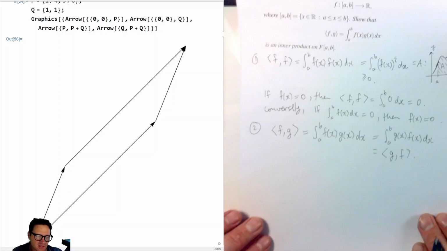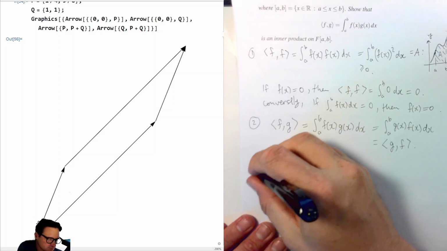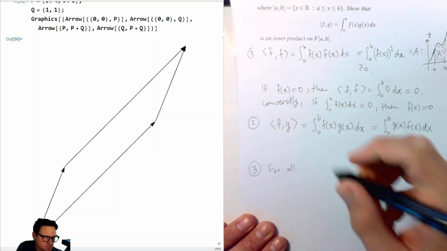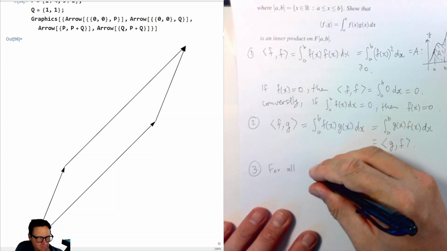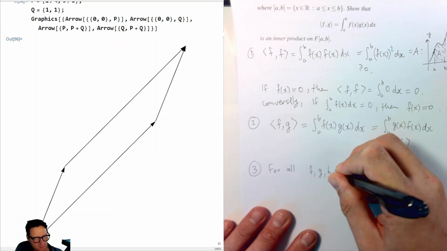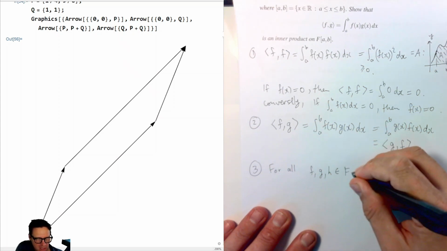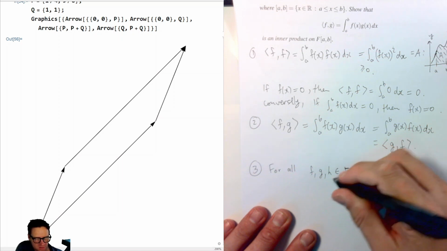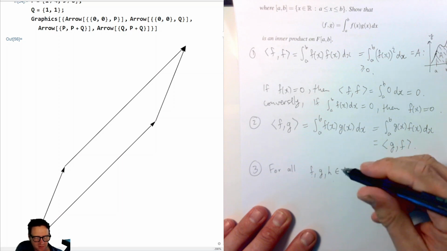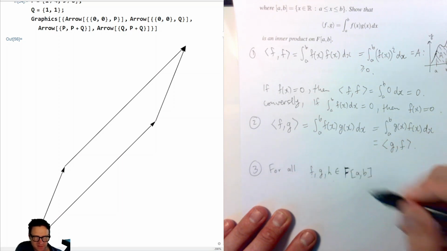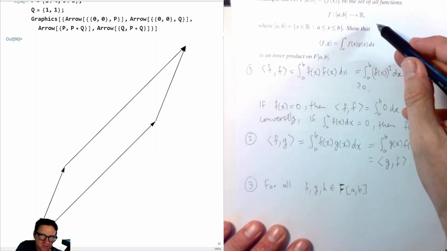Now let's check the third condition. So for all f, g, and h belonging to F(a, b), so in other words, f, g, and h are functions from the interval a, b to the set of real numbers, like what we have there.